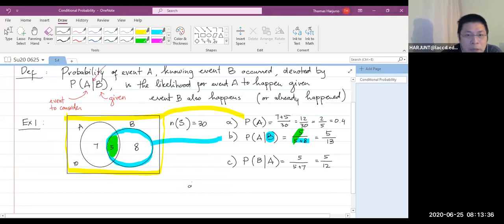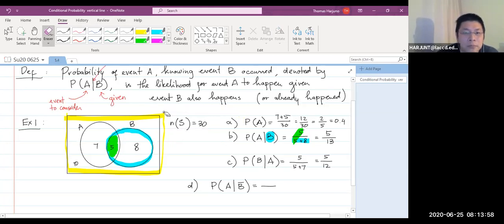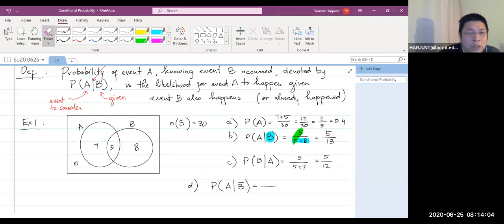Okay, let's play with the notation. How about the probability of getting A given not B? So we select from not B. How many elements are not in B?